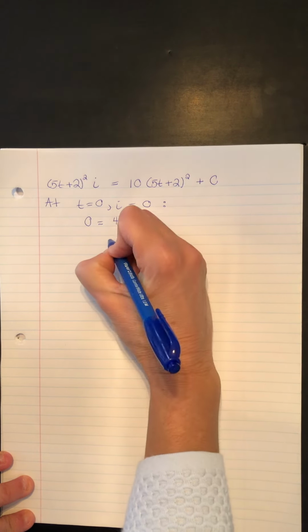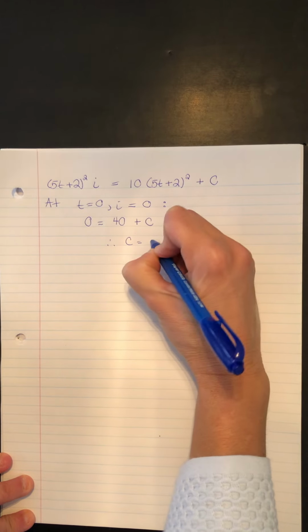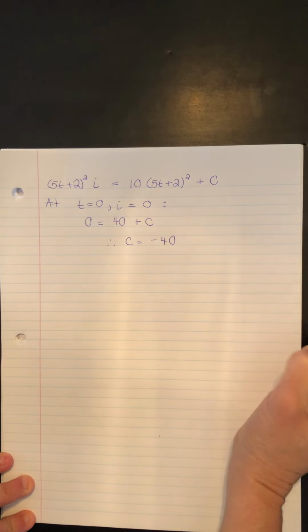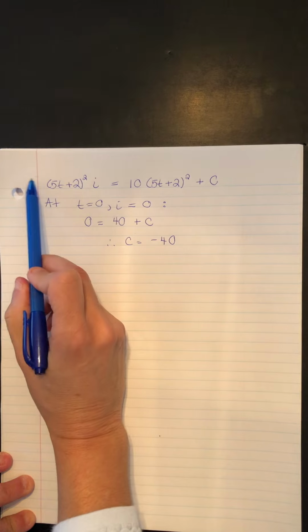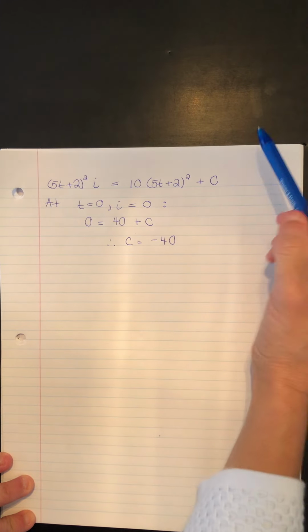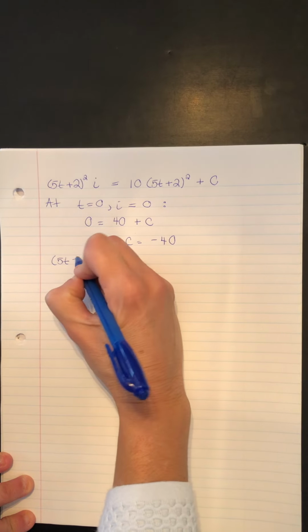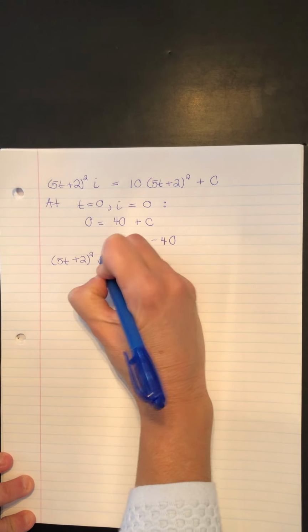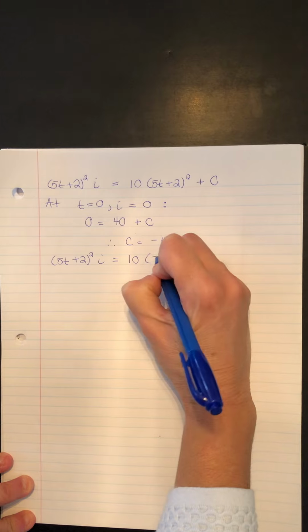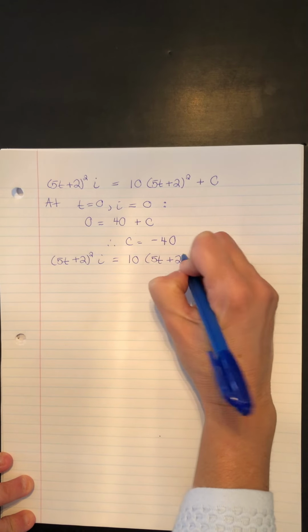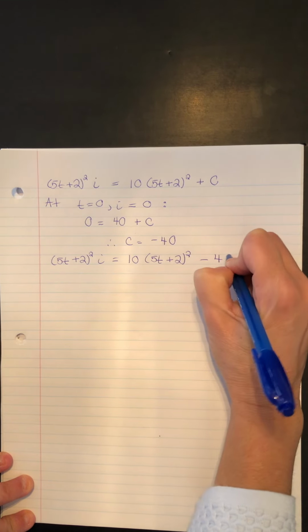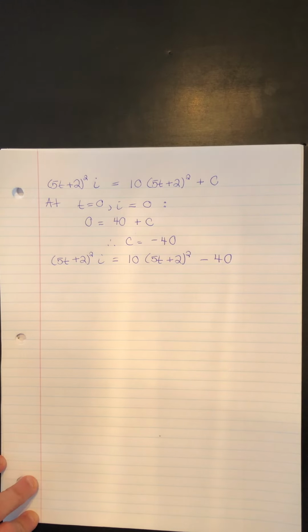And so that means the value of c is negative 40. Let's go back to writing out this equation, but with negative 40 right in that spot. Just like that. Looks good.